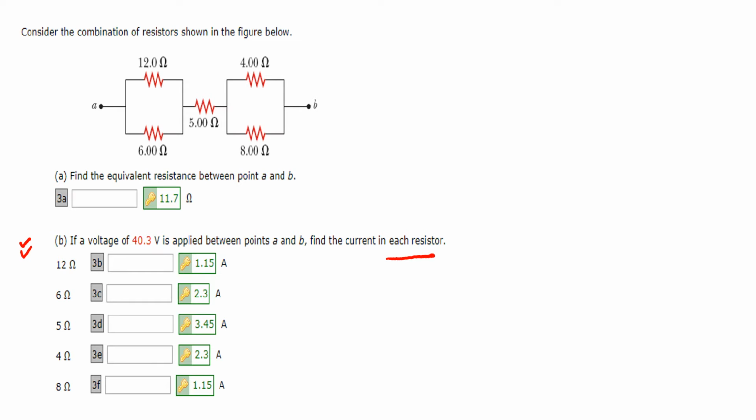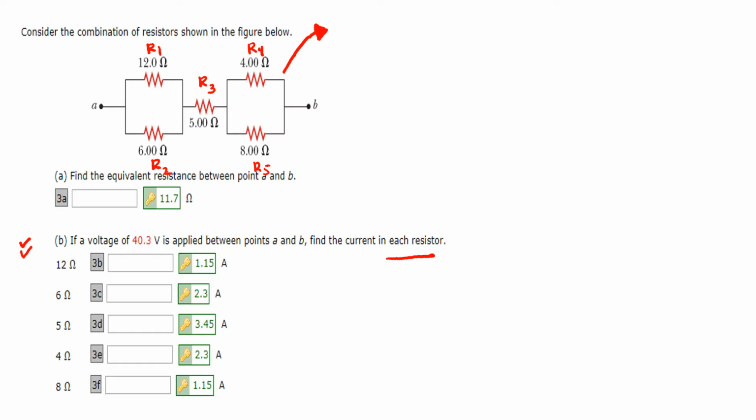The first tip that I would give you, and I would need you to bear in mind, is to redraw this complex circuit into a much simpler one, whether it's a simple series or a simple parallel circuit. So we labeled this as R1, R2, R3, the 5 ohm resistor, and the 4 ohm resistor is R4, and the 8 ohm resistor is R5.